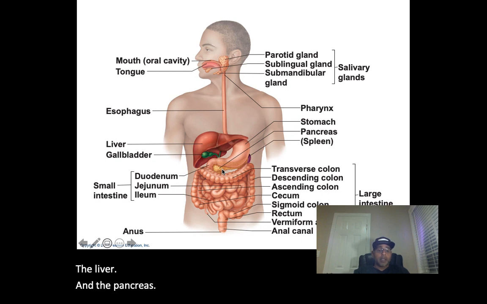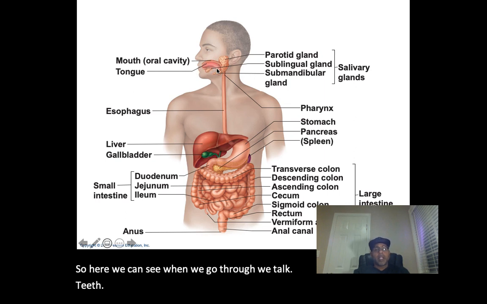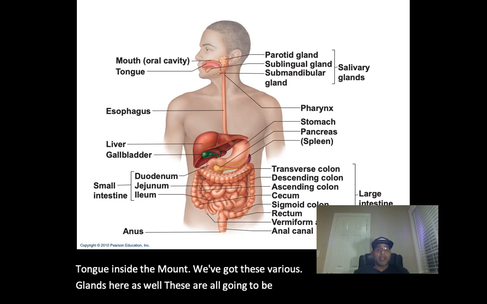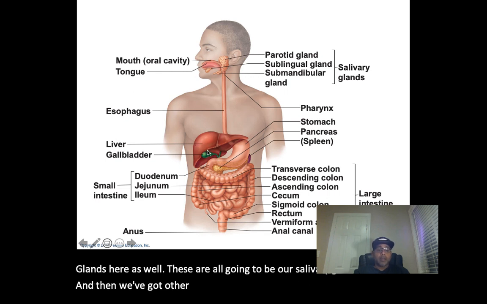We've also got these various glands here as well. These are all going to be our salivary glands. And then we've got other glands, the liver and the pancreas.